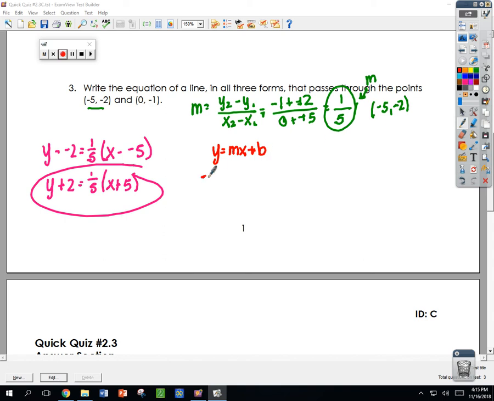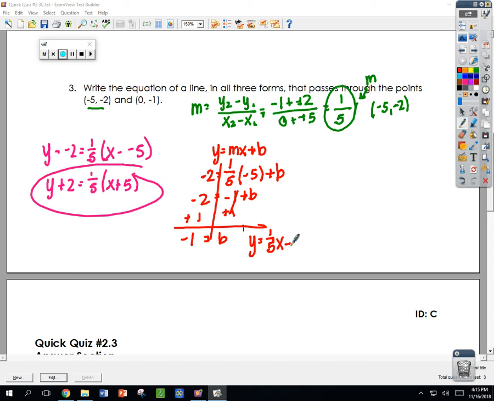Y is negative 2. M is positive 1 over 5. X is negative 5, plus b. Negative 5 times 1/5 is negative 1. Add 1, add 1. Negative 1 is equal to b. So my equation is y equals positive 1 over 5, that's my slope, x minus 1, is b.